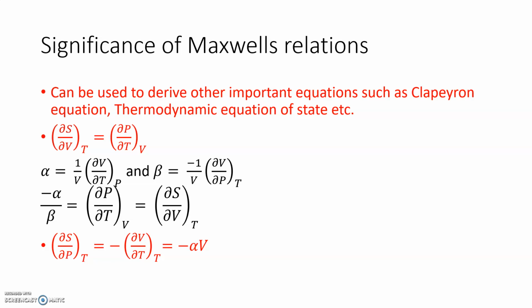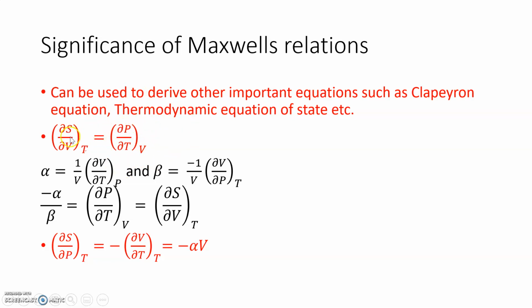It's very difficult to measure entropy, and to measure change in entropy is also difficult. So what do we do? According to Maxwell's relation, dou S by dou V at constant temperature is equal to dou P by dou T at constant volume. So if we measure the change in pressure with respect to temperature of the system at constant volume, then we can determine this.